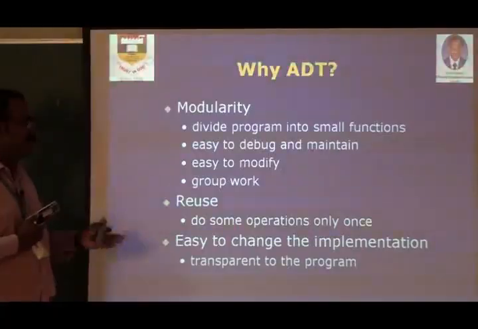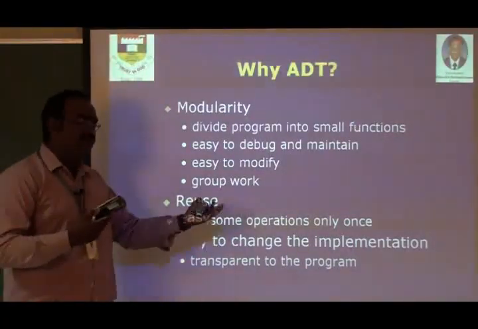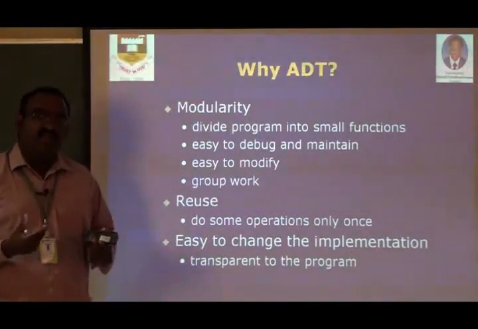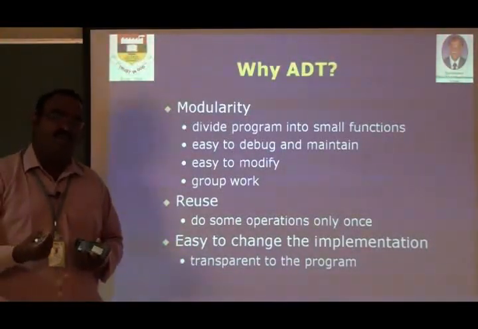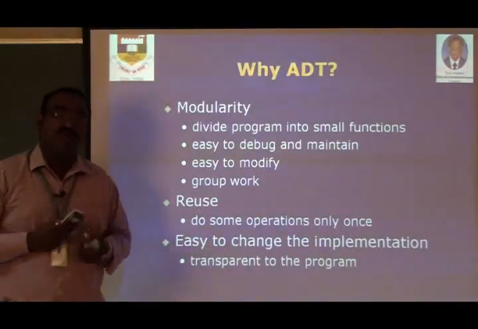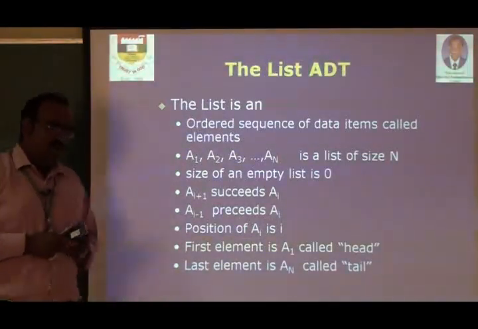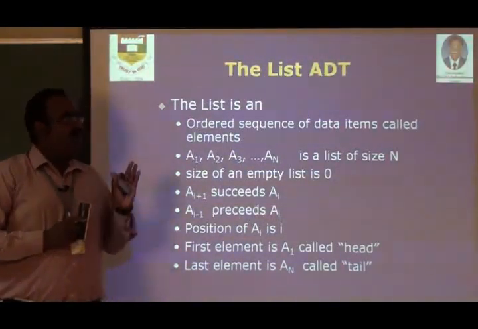That is another feature, reuse. Then it's very easy to change the implementation. It's very transparent, we can easily change and modify it. So ADT provides highly significant benefits when you use a programming language like C. The first one we are going to discuss is the list ADT.